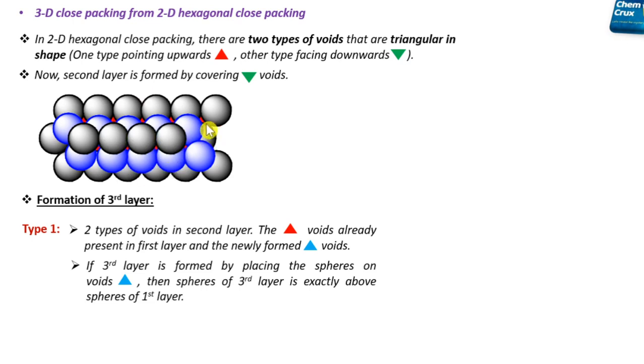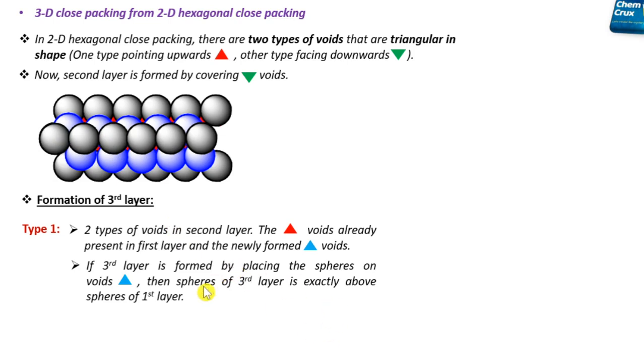Now while I will be adding another sphere to this row, you can see that this sphere will actually align with the sphere of the first layer, right? Again you can see while I will be adding another sphere to the row of the third layer, it will also align with the sphere of the first layer. Correct?